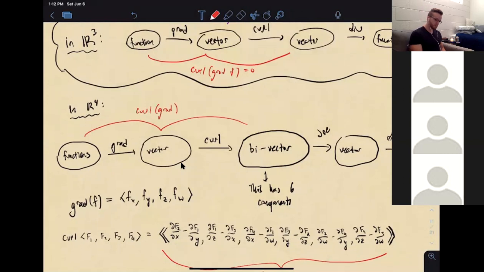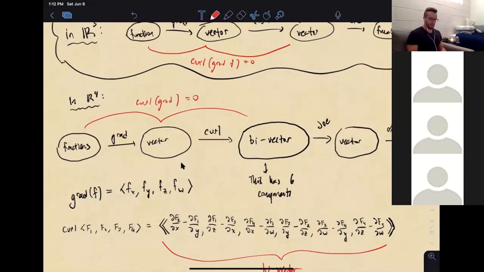I'll just be sloppy and I'll write it like this. Now the next thing would be this and this. That would be 0, exactly. So the Joe of the curl would be 0. And then finally, the divergence of the Joe would always be 0.